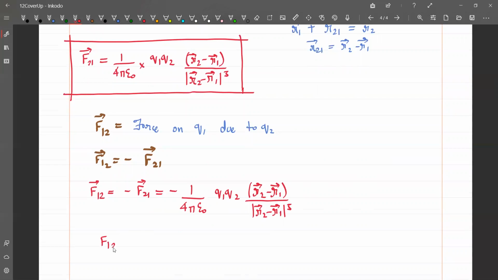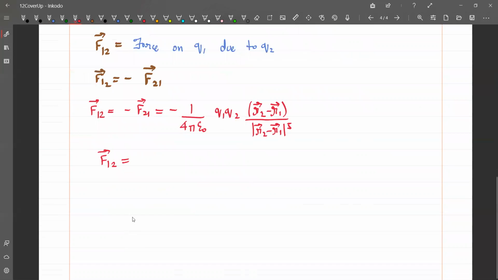So to write the final result, this will be 1 by 4 pi epsilon naught Q1 Q2. The negative sign I can take in here, so it will become r1 vector minus r2 vector, divided by, changing the value inside the mod doesn't affect it, so this will just be mod of r1 minus r2 vector whole cube.